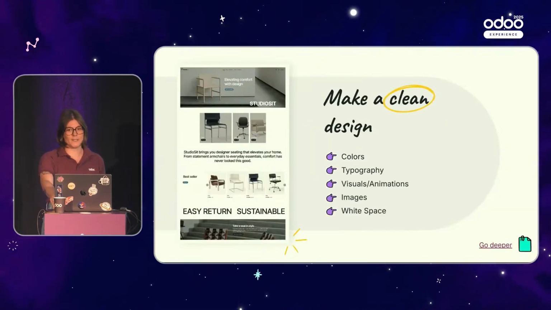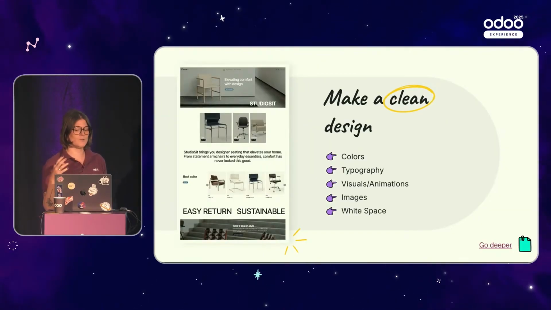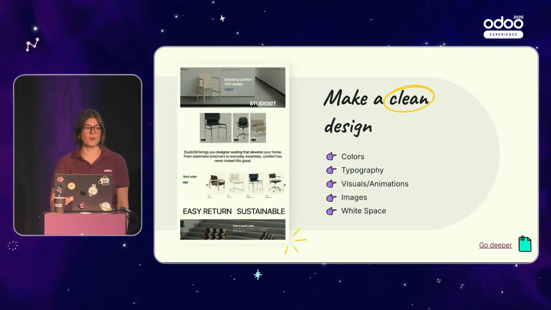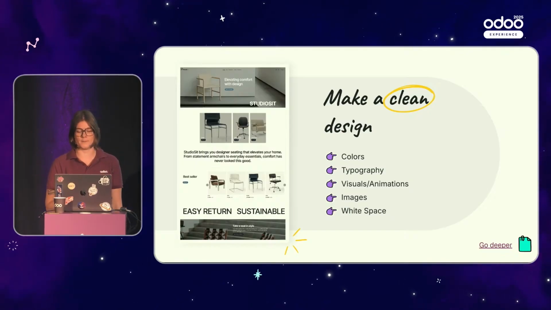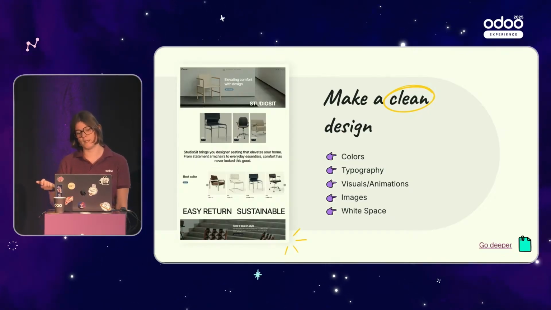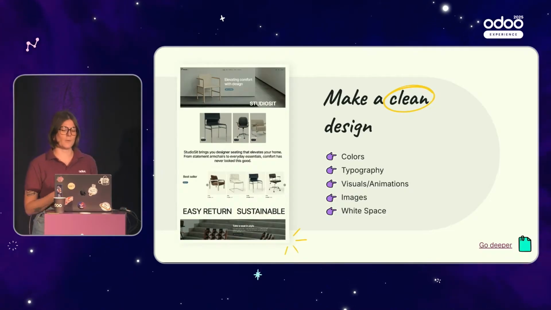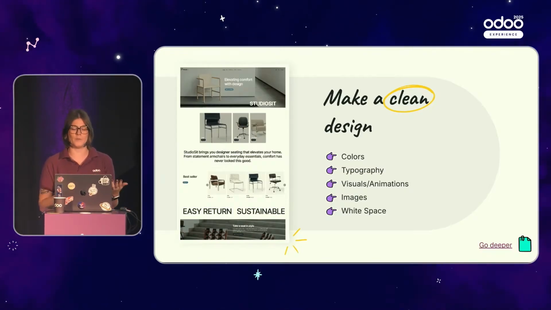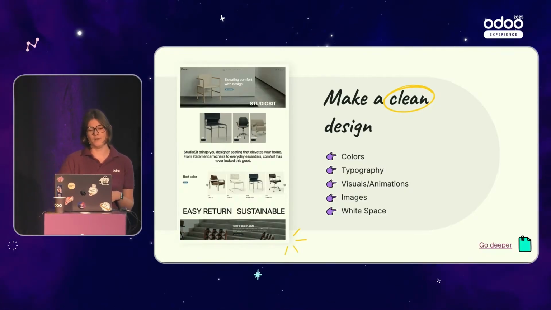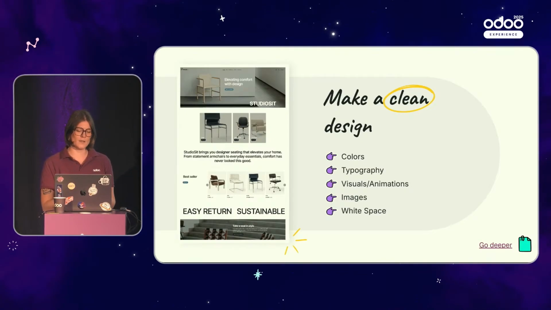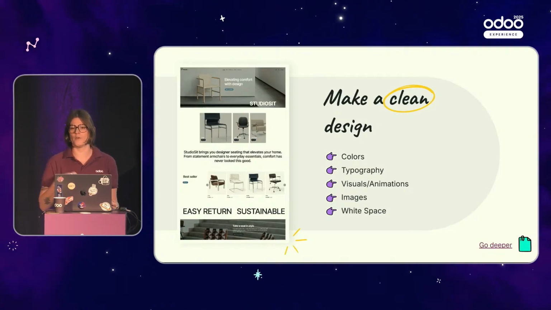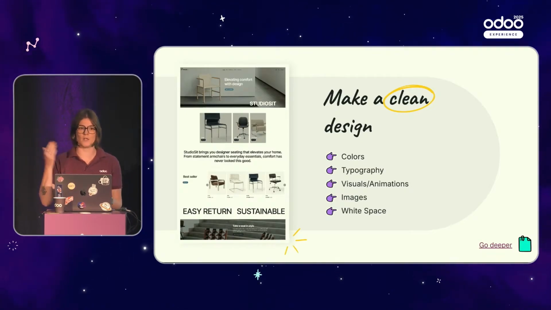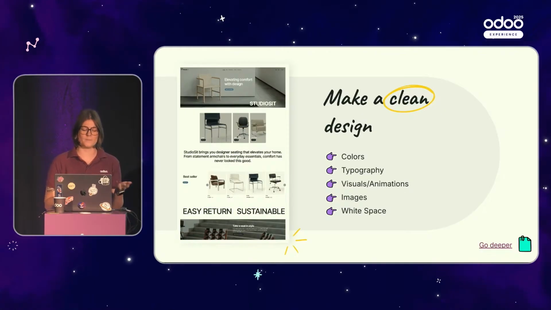And how you make a clean design? Well, first you choose some colors. The colors should be consistent with your branding. Then you choose some typography. Again, the typography should be consistent with your branding. If you have an e-commerce or if you have a lawyer website, the typography will not be the same. Then you have the animation and the visual. So as we talked previously, the hovering effect, the animation on scroll, on appearance.